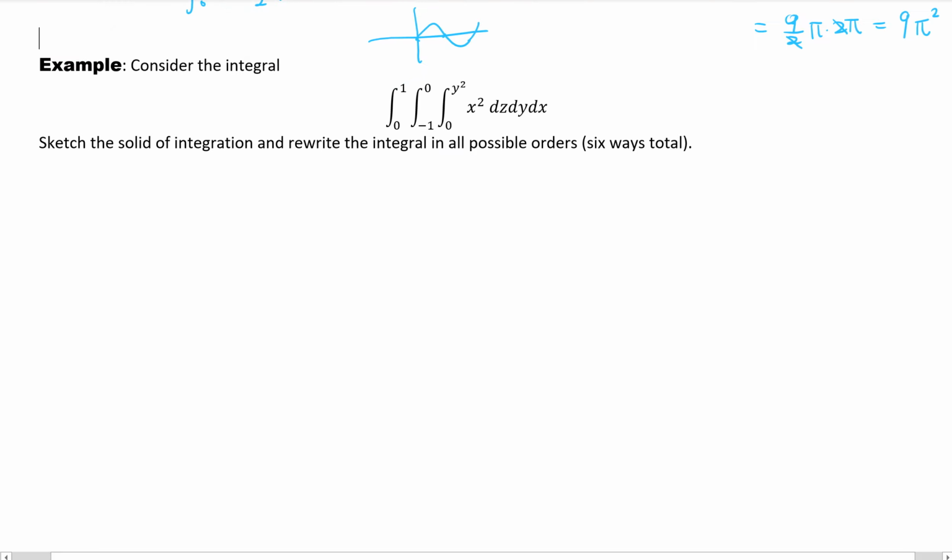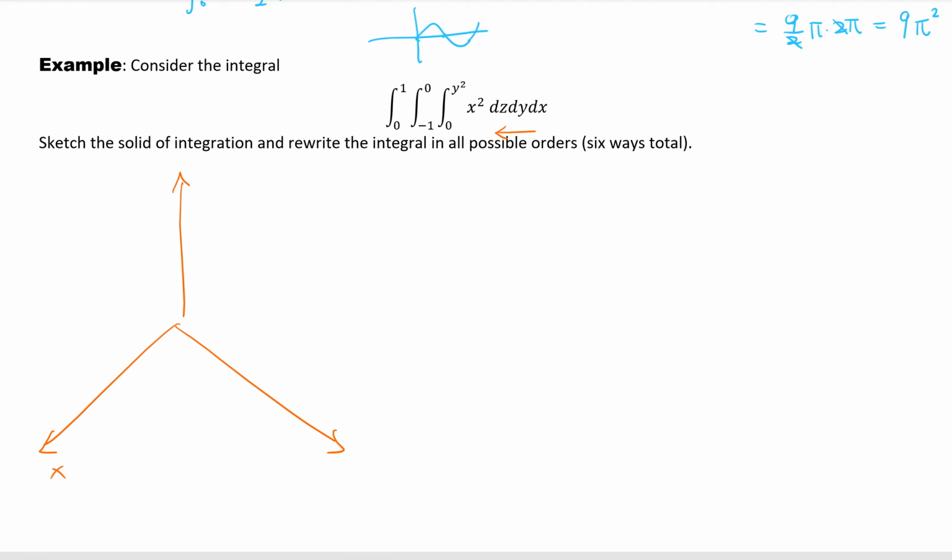So we read from the outside to the inside. So x, y, z. dx, so x is from 0 to 1. Okay, everybody? 0 to 1. So dx, that's the width.